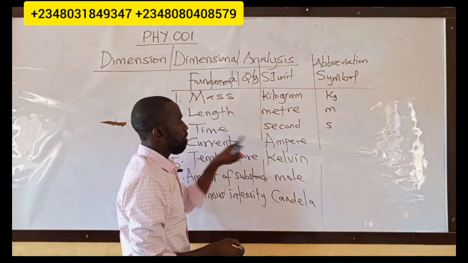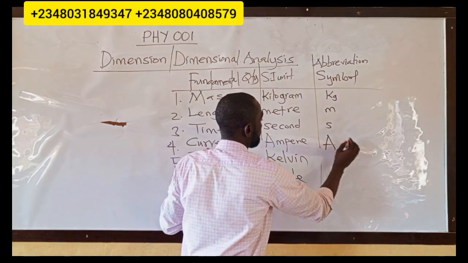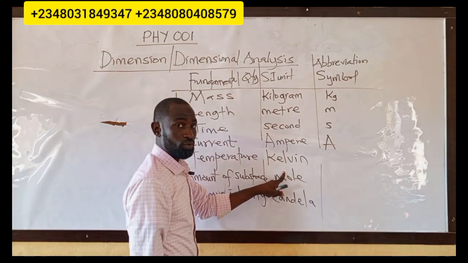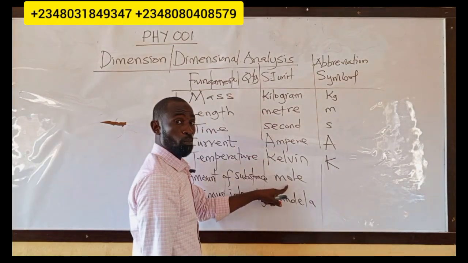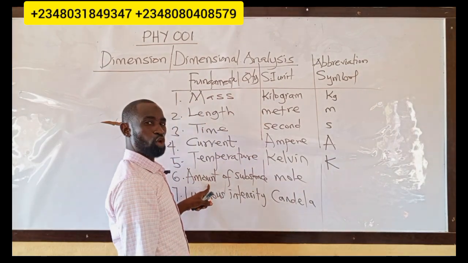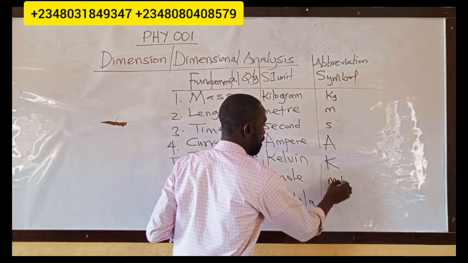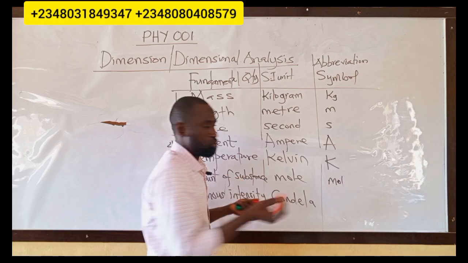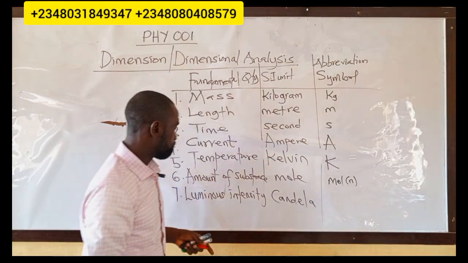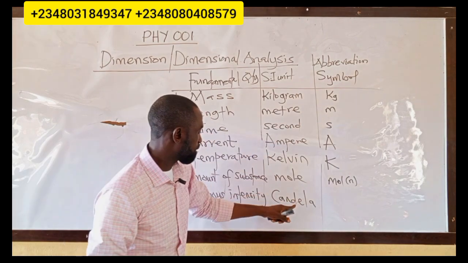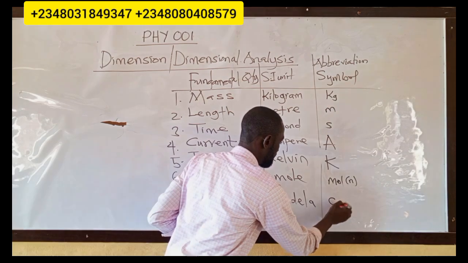The symbol for ampere, which is the unit of current, is capital letter A. The symbol for Kelvin, which is the unit of temperature, is capital letter K. The symbol for mole, which is the unit of amount of substance, is mol. You can use mol or small letter n. Are you with me? Now, the symbol for candela, which is the unit of luminous intensity, is cd.